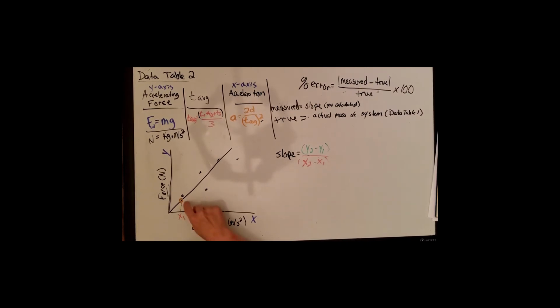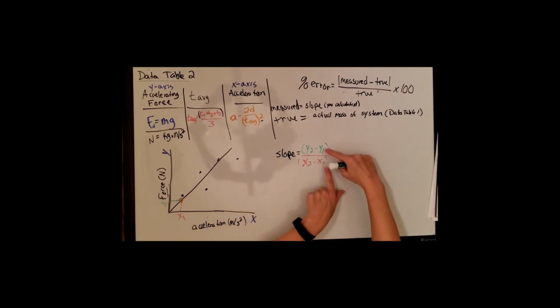Then I look at that same point and follow it over until I hit the y-axis. Whatever value it hits along the y-axis, that is my y1. So x1, y1 are the two values that I plug in here: my x value for data point 1, and my y value where it hit on the y-axis for data point 1.